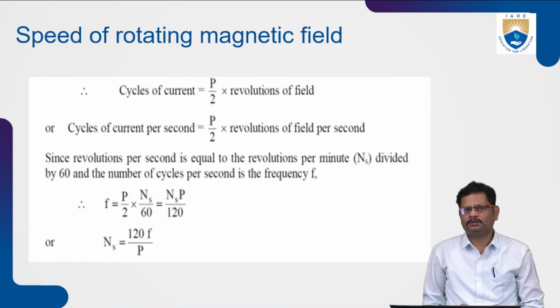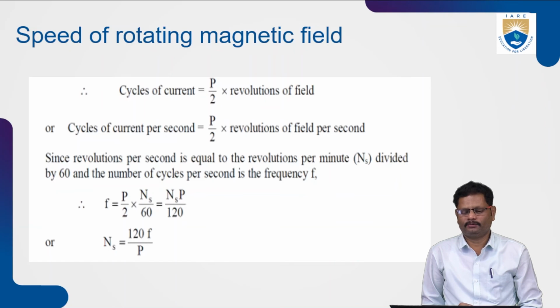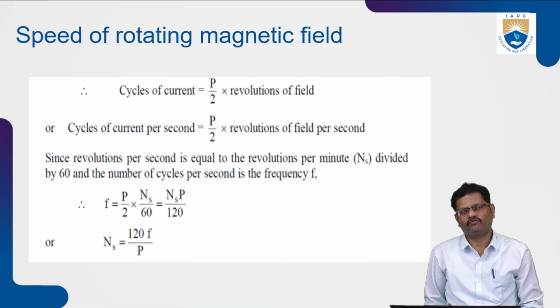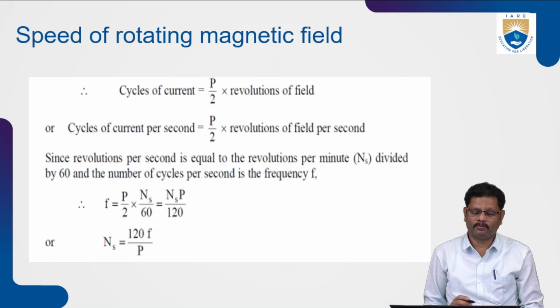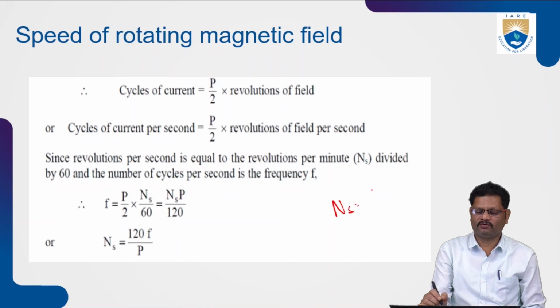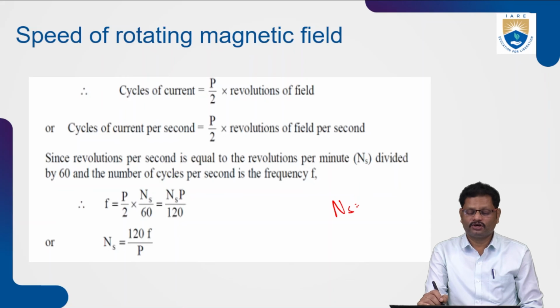So cycles of current is nothing but the number of revolutions of field times p by 2. So cycles of current per second is equal to revolutions of field per second times p by 2.